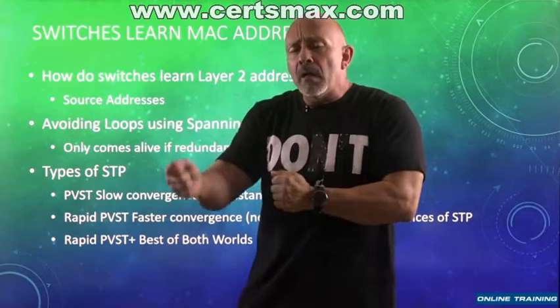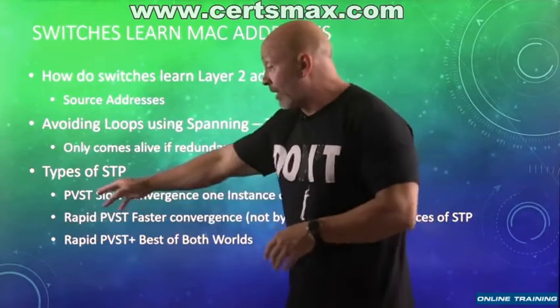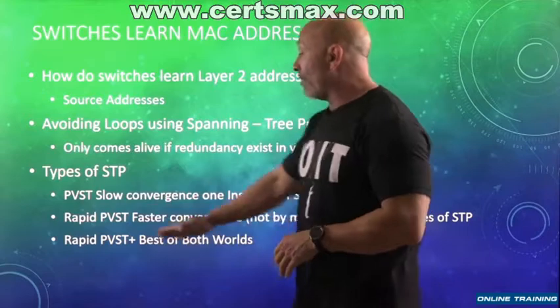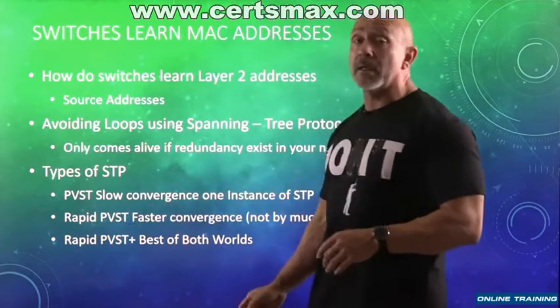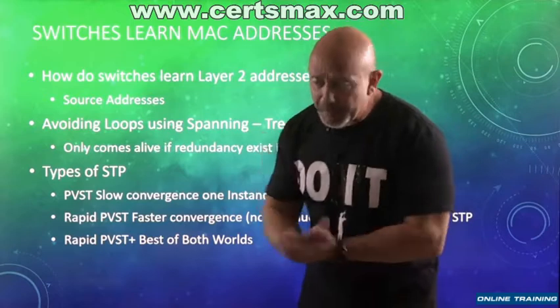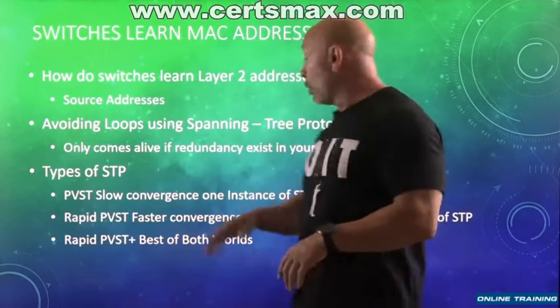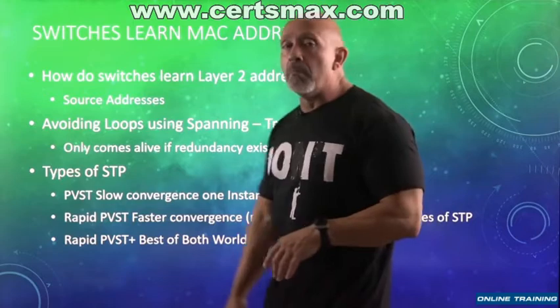And you have a little bit faster convergence than the PVST. Now, when you have rapid PVST plus, well, that's the best of both worlds. Now you have a very speedy convergence, almost immediate convergence, all right? And you have multiple instances as well. So those are your versions of spanning tree.